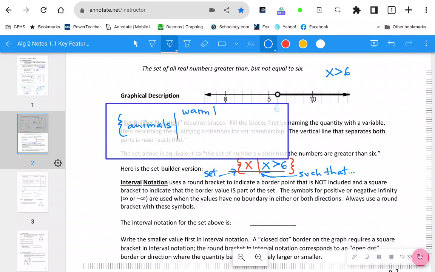Warm-blooded. They have hair. They give live birth. They feed their young with milk. And they're vertebrates.